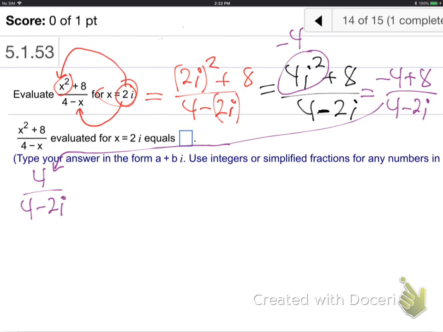Conjugate. Multiply by the opposite sign in the middle. 4 plus 2I over 4 plus 2I.